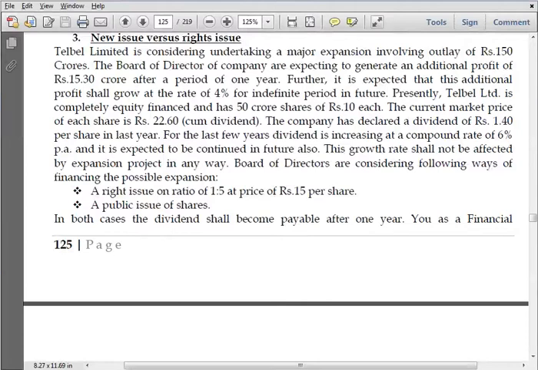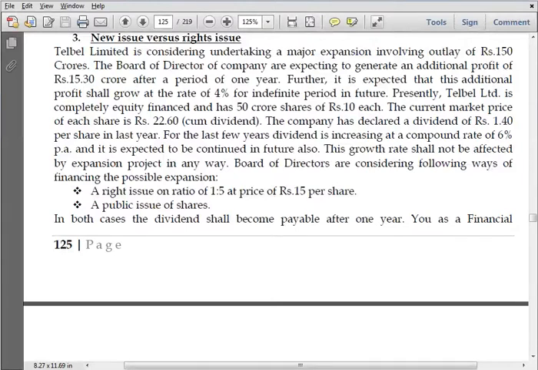Now, I'm going to do an expansion which needs 150 crores. The benefit of the expansion is that I'm going to generate 15.30 crores after 1 year, and the same will grow at the rate of 4% every year.